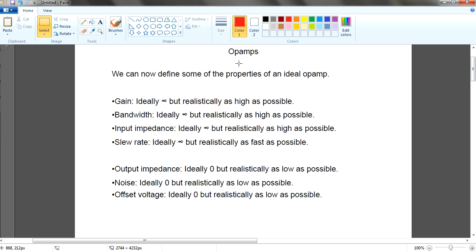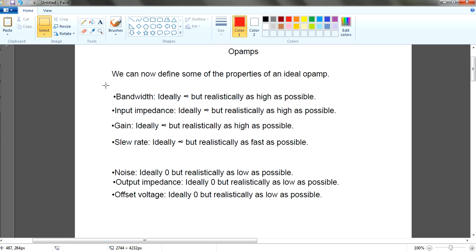So for the ideal op-amp, what is infinity is how I memorize it, in terms of the alphabets. Big means infinity: bandwidth, input impedance, gain, and slew rate. So big means infinity ideally.